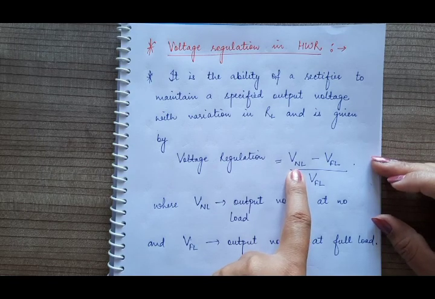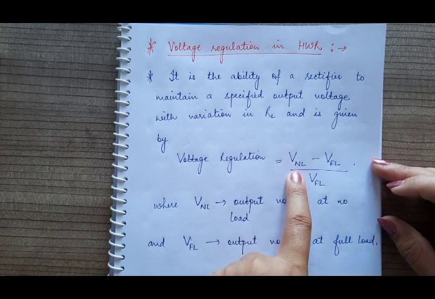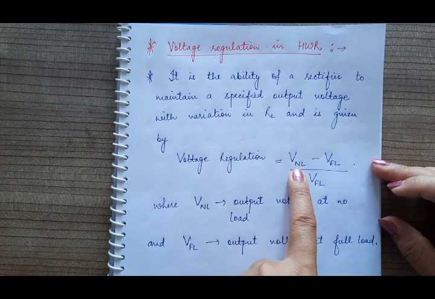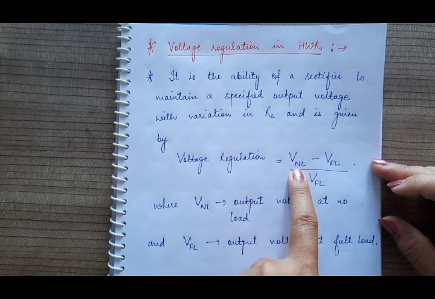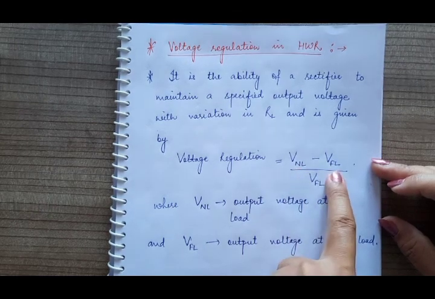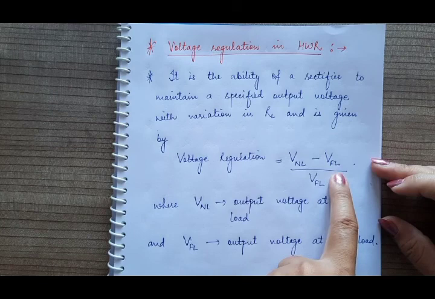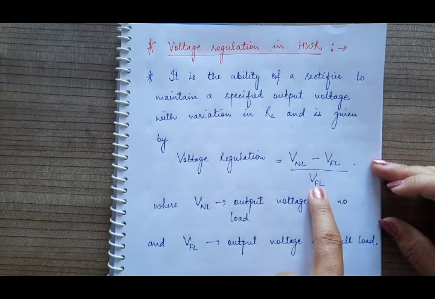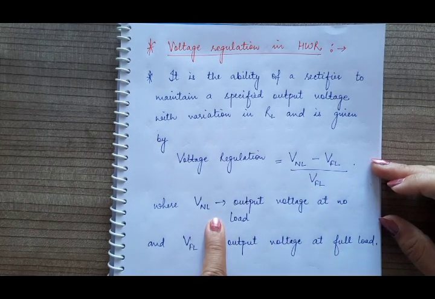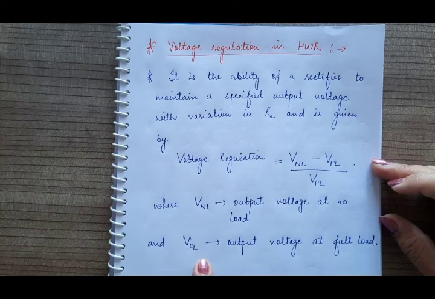No load means at this time our load resistance will be infinite and our output terminal will be an open circuit. So this is the output voltage at no load, means no load resistance is connected across the half wave rectifier circuit, and this is voltage at full load. During this time RL will be connected in the circuit. N means no, L for load, F means full, L for load.